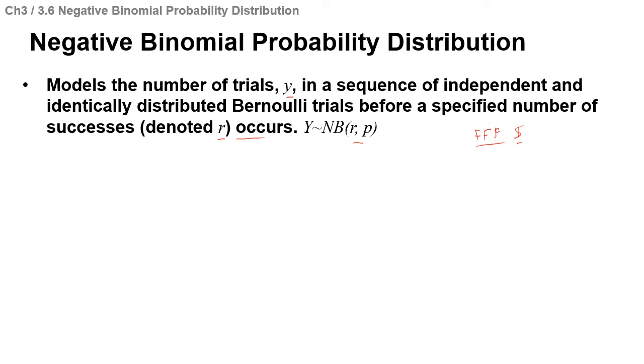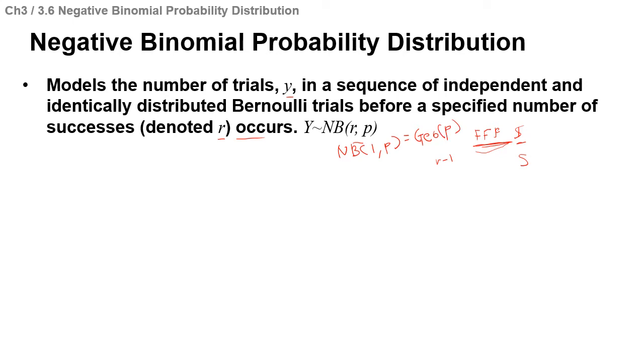However, in the negative binomial distribution, we have r minus 1 successes in the first place, and then we get a success in the last place. So if r equals 1, this is actually the same as the geometric distribution. So NB(1, p) is the same as the geometric distribution with probability p.